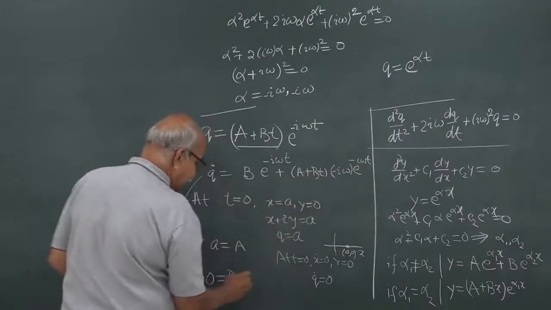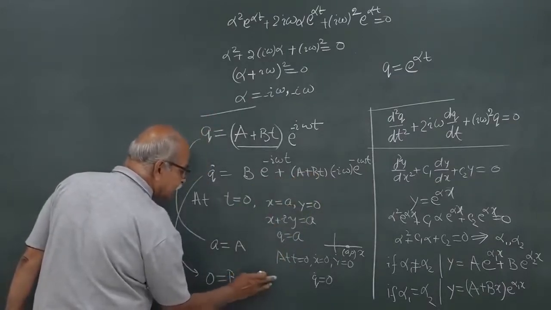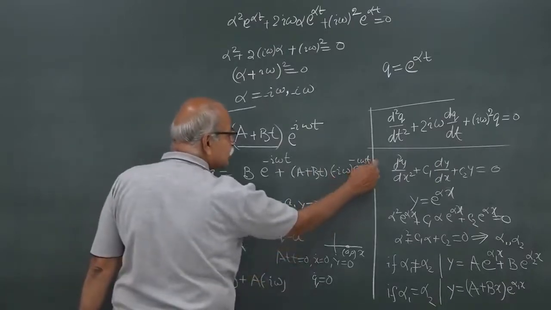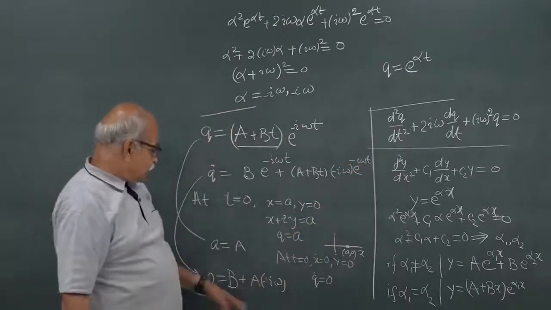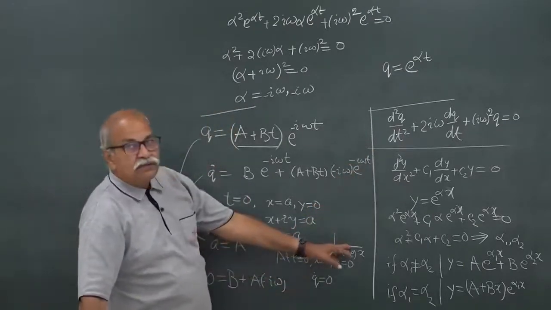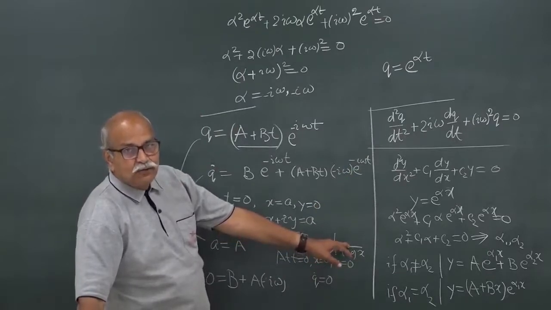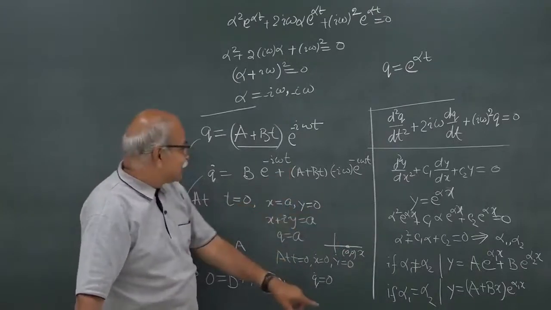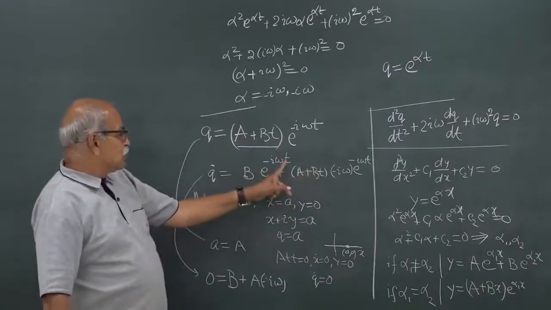So, it is A, and then here minus I omega, t equal to 0, so this factor is 1, right. So, once again at t equal to 0, no speed. So, x dot is 0, y dot is 0. So, q dot, which is x dot plus I y dot, is 0. So, that is why this is 0 here, and here t equal to 0, so this is 1.